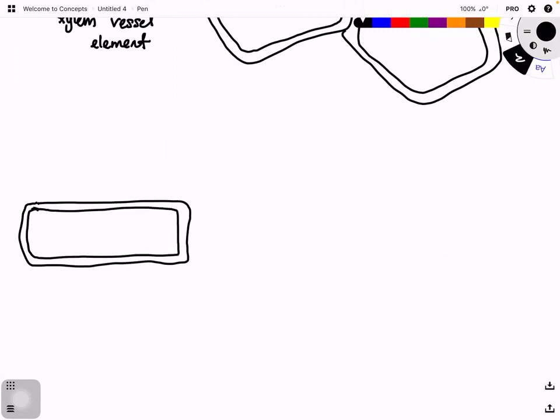Okay, then we do have the guard cell. Then we do have the epidermal cell.